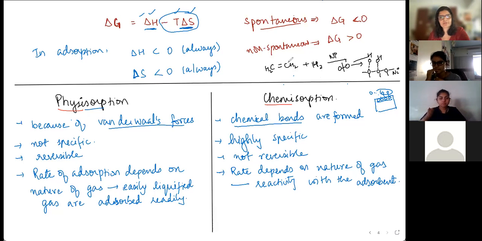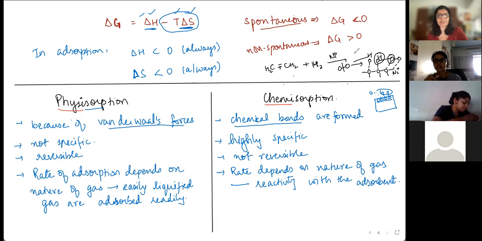At the same time, ethylene gas is also coming in. One of the bonds of the double bond breaks and that also forms a bond with nickel. But when you have a hydrogen here and a CH2 part of ethene over here, it is more stable when this H forms a bond directly with this rather than staying with nickel. So that's how the chemical reaction is carried forward.